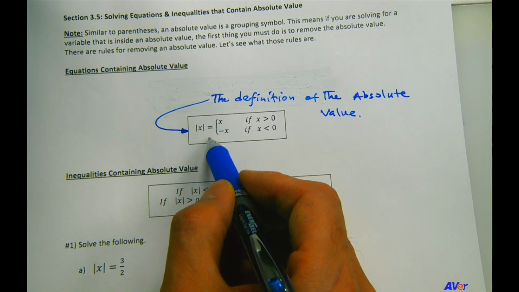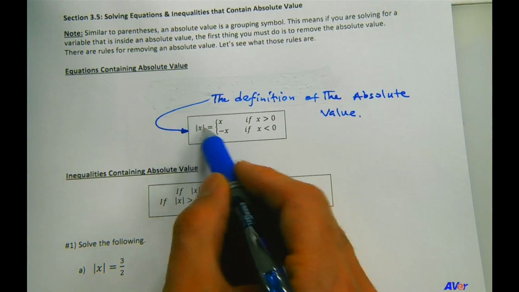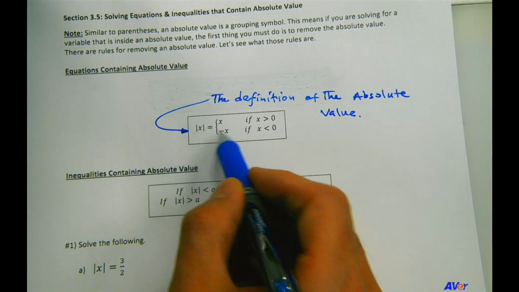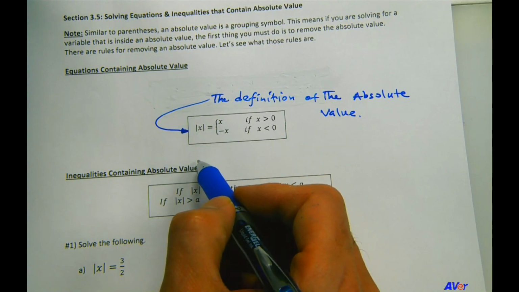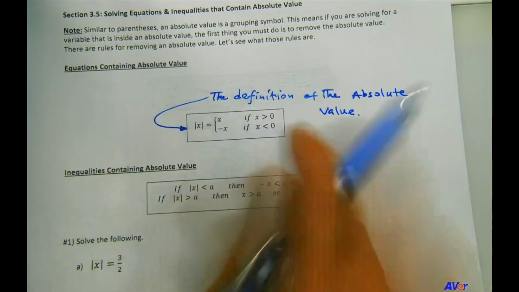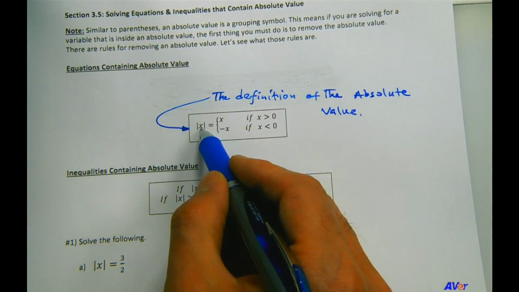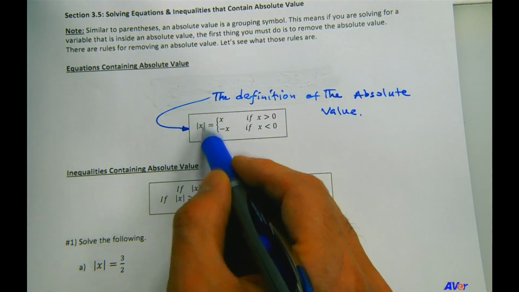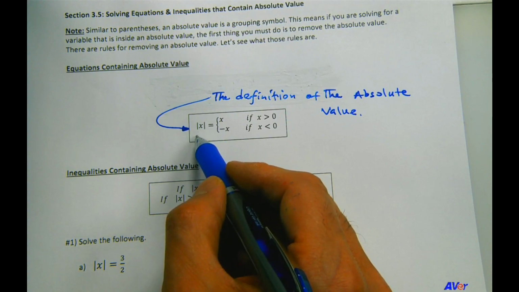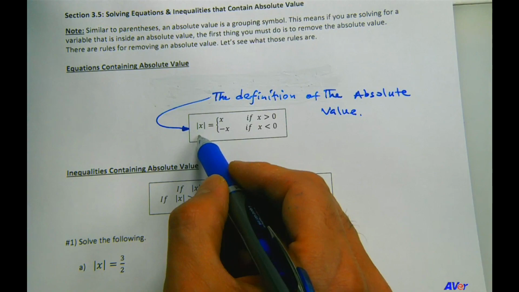The other thing you should notice is that as we remove the absolute value, we inevitably end up with two solutions, not one. Okay? So those two things should catch your attention. The fact that when we solve for x within an absolute value expression, we need to remove the absolute value notation. We need to ungroup the x from this notation.